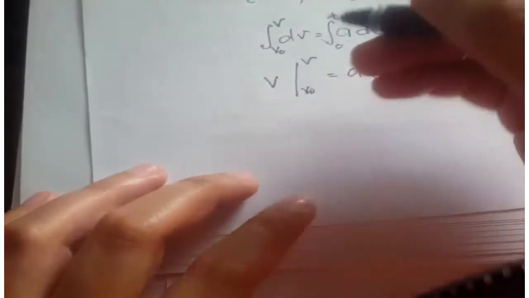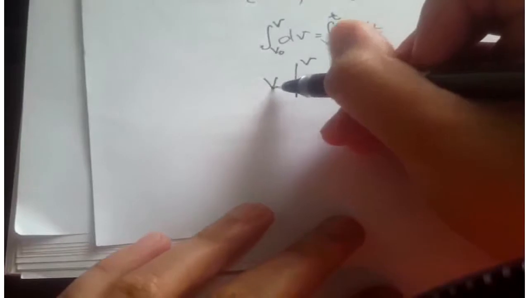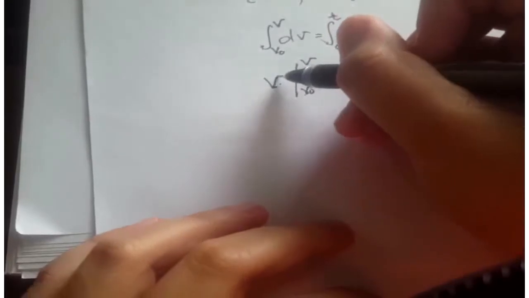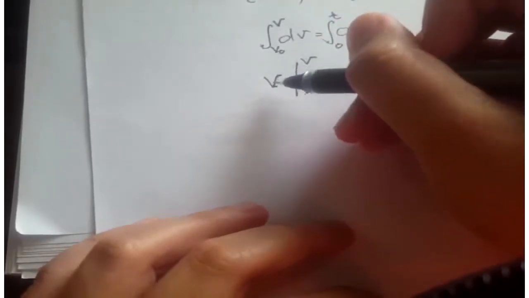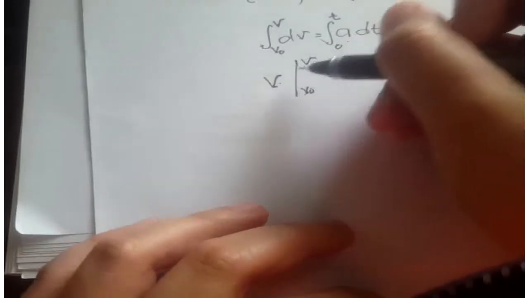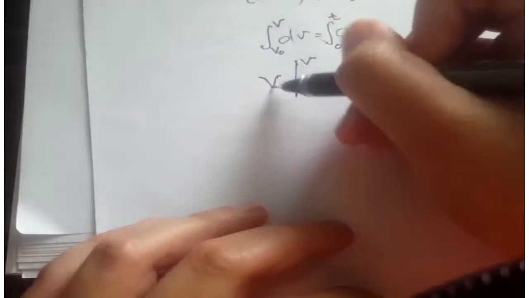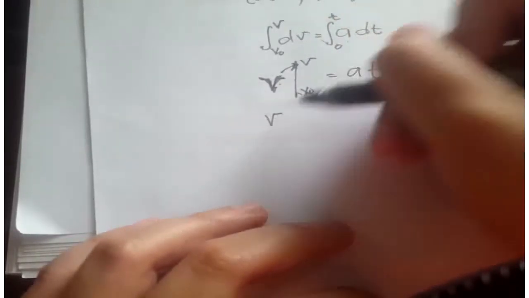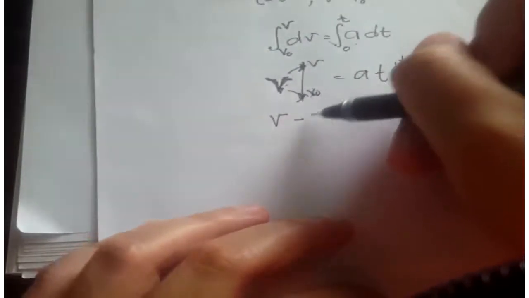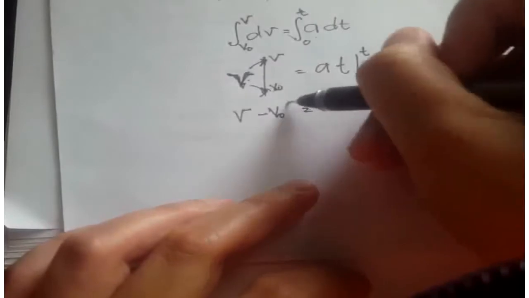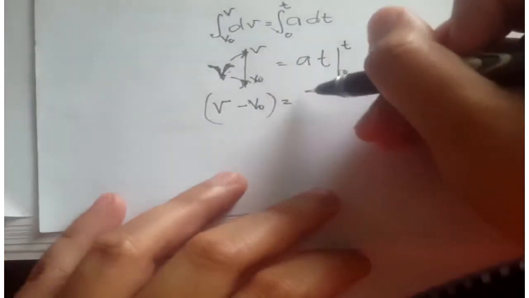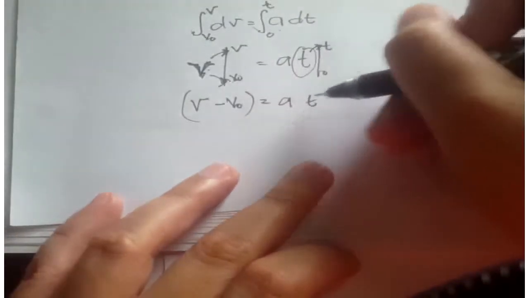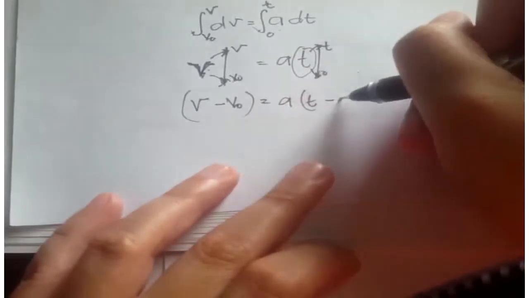The technique there is that from v we need to find v minus v sub 0, so we copy this v, then minus the initial v sub 0. Then for a, since this is constant, we copy a, and then for time t we copy this t minus the initial, which is 0.